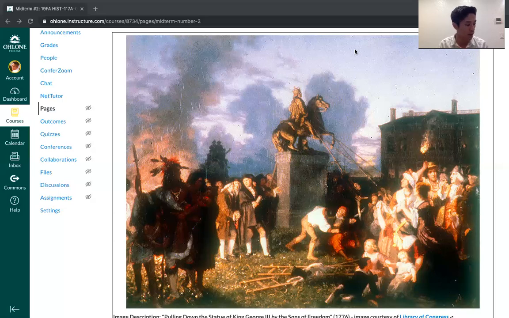However, I do want to say that there is some content that goes beyond chapter 11. Particularly, you have a little bit on women's rights activism. In chapter 12, it's a really short section that talks about women's suffrage and their quest to get the right to vote. We're not going to cover all of chapter 12, but I would like you to read that short section on women's rights activists.